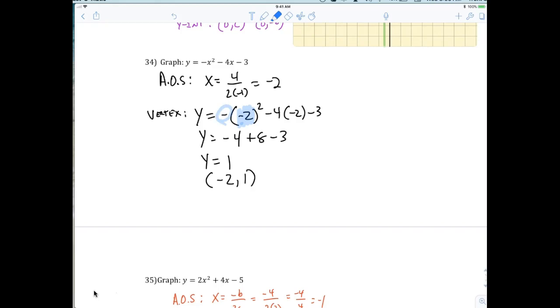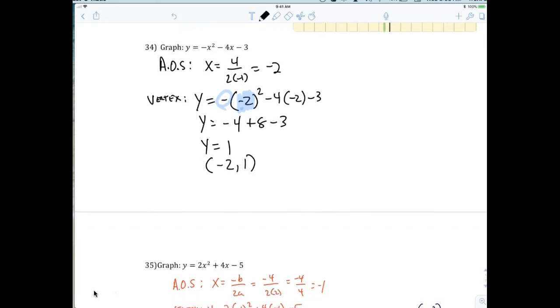All right, and then my y-intercept is what? 0, -3. Do you have any issues?